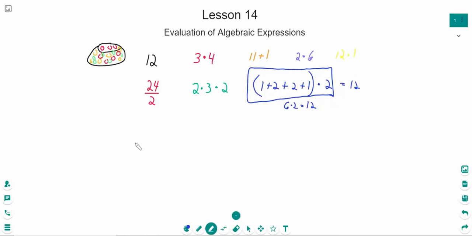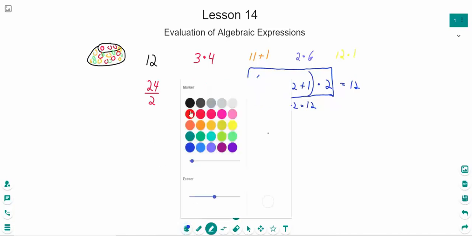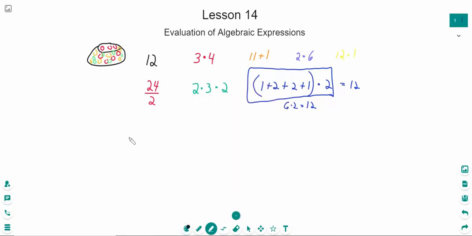Now, each of these ways that we have written down up here, we're going to give them a special name. When we have all these different ways, we're going to call them expressions. Let's write that down. So these are all expressions in math. You might think of it as they're all expressing the number 12 in a different way. So every single one of these is its own expression.